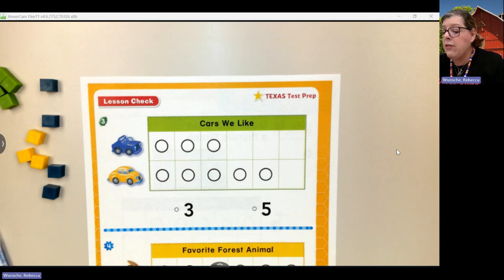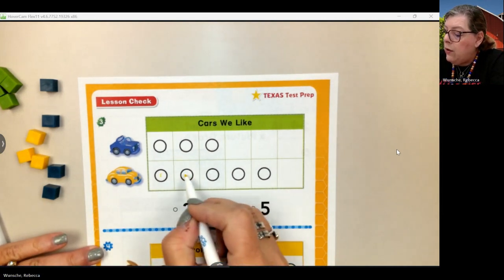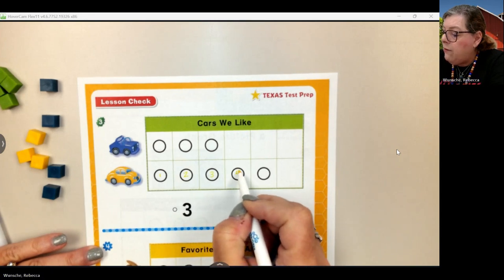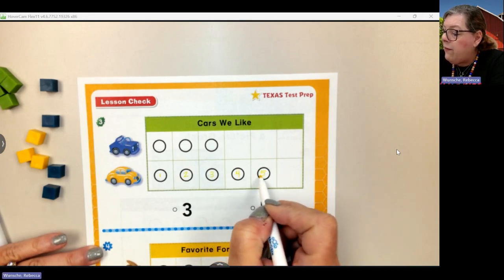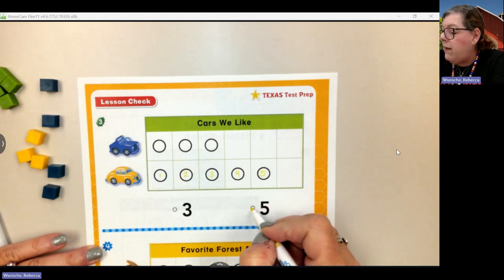So we're making a connection between a symbol and a number. So here we see 1, 2, 3, 4, 5 circles for our yellow car. So we would find the number 5, and that would be our answer.